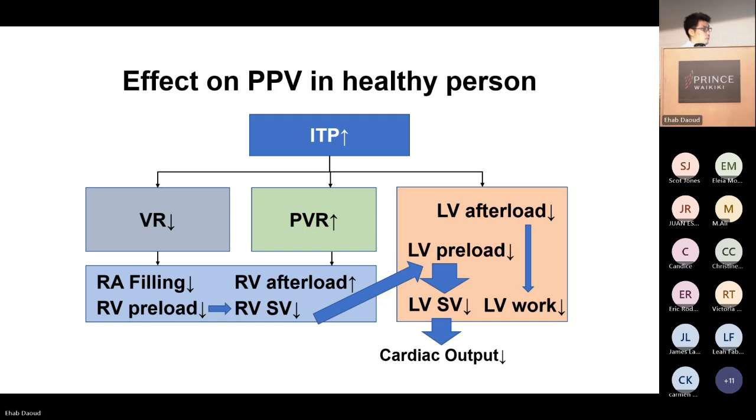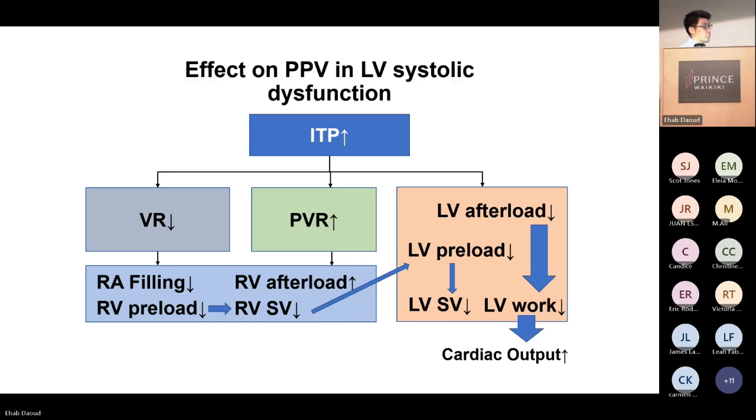Preload goes down, the same as the normal person, but what's different is LV afterload drops. This effect is tremendous for somebody with LV systolic dysfunction. LV work significantly decreases, and cardiac output increases. This is the reason why positive pressure ventilation can be helpful for somebody with heart failure.